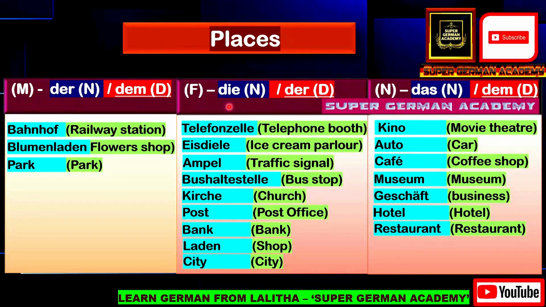For feminine it is die for nominative and der for dative. For neuter it is das for nominative and dem for dative. So in nominative it is der, die, das, but in dative it is dem, der, dem. And for plural, nominative is die and dative is den. So dem, der, dem, den will come in dative. You have to use these articles for these dative sentences, and these are the places.